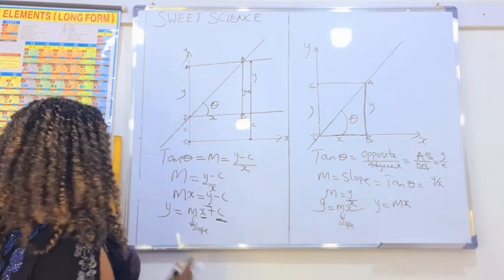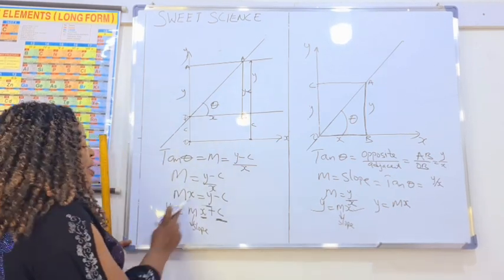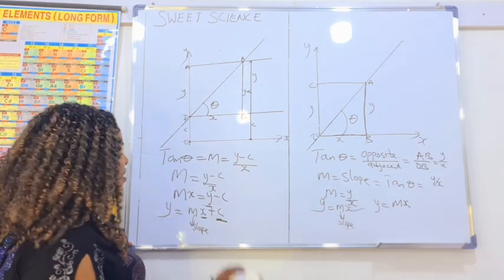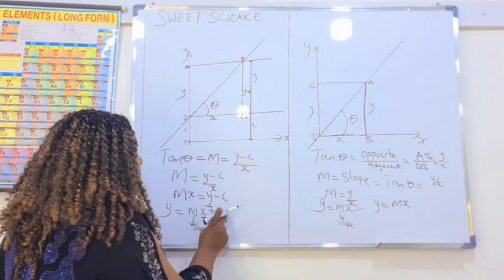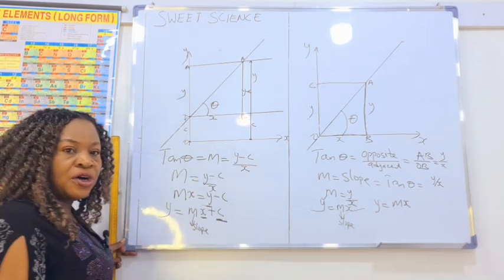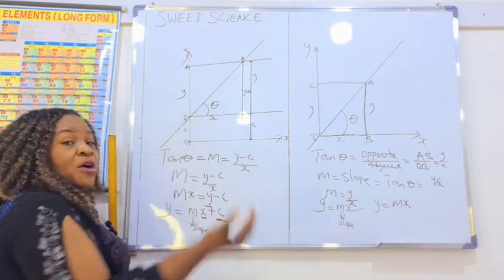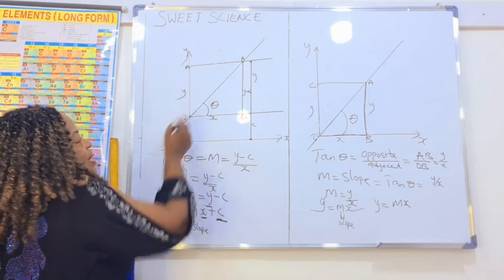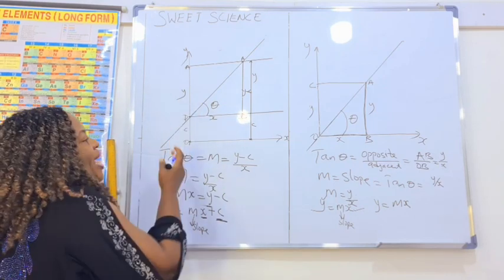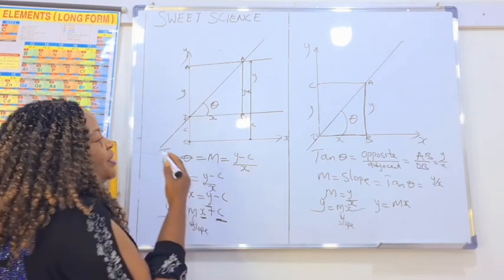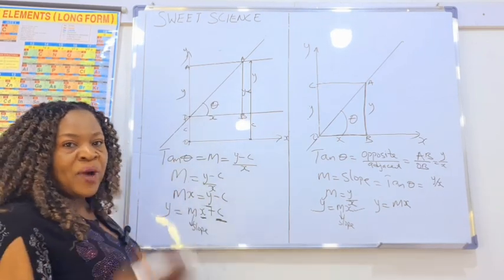Let me take it again. Y is your dependent variable, M is the slope, X is the independent variable, and C is the intercept. This intercept can occur anywhere. Here it is plus because it's on the positive side of the y-axis. It can also occur on the negative side of the y-axis.